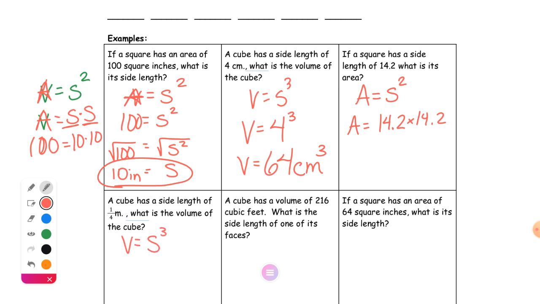V equals side length cubed. What can I substitute in? 1/4 in place of the V or the S? In place of the S, so V equals 1/4, and I'm going to put it in parentheses, cubed.